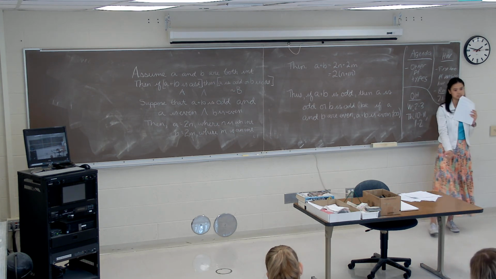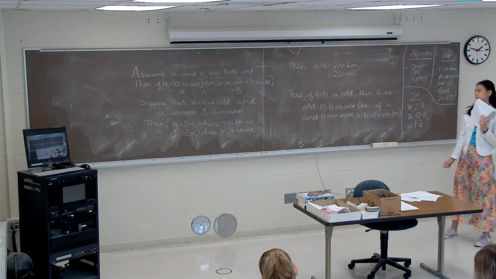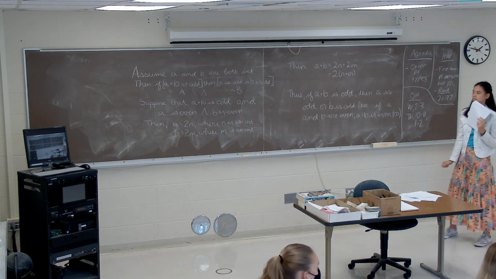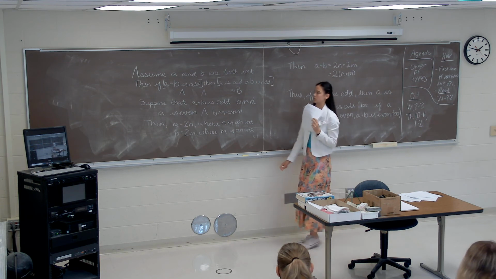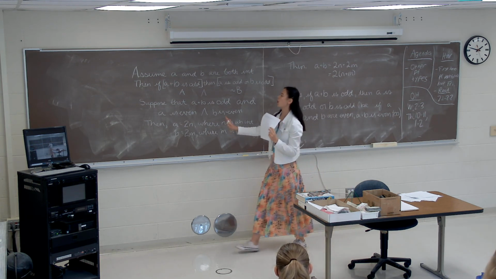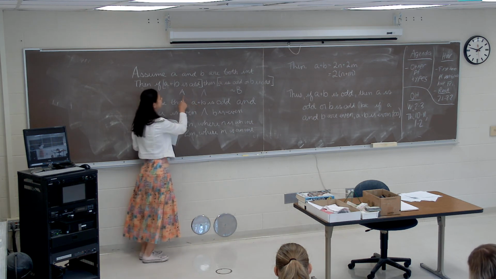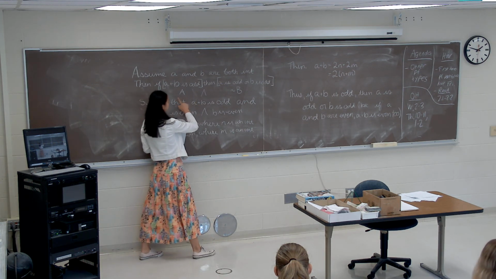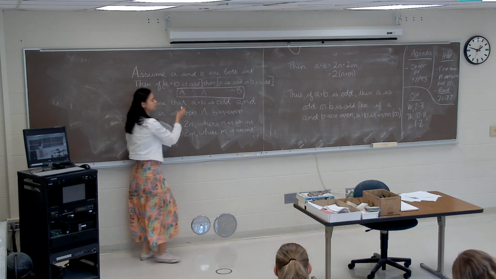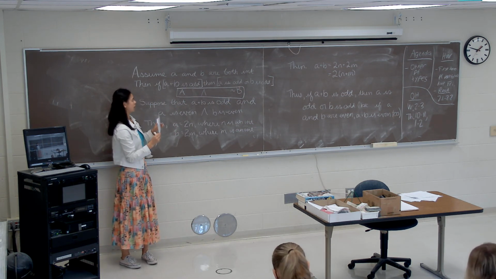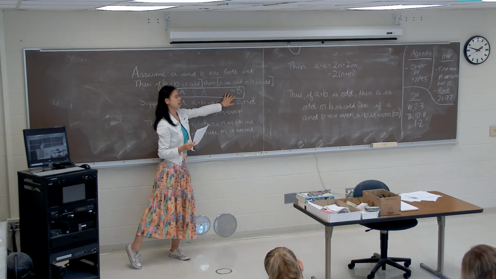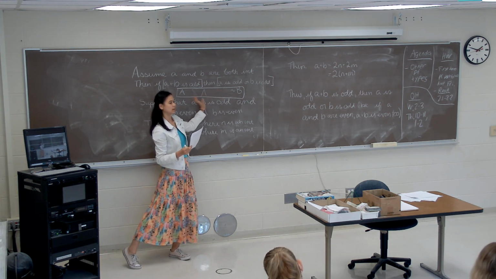Holly? I guess I don't understand quite what you mean by A and not B. Would that be part of the second statement? Could you explain where that came from? Yes, so this was just me writing out what I'm supposed to do when I do a proof by contradiction: I'm assuming A and not B, and I'm showing that that can't be.